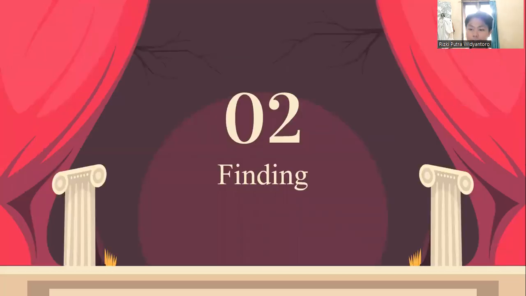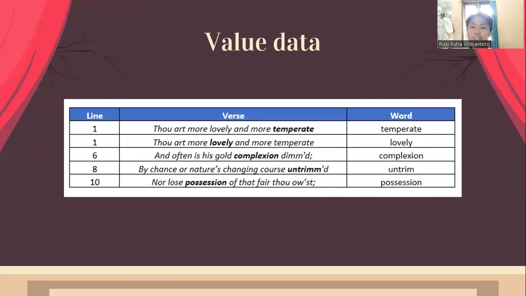Next, second is finding. Here I found the derivational morphemes contained in the poem.